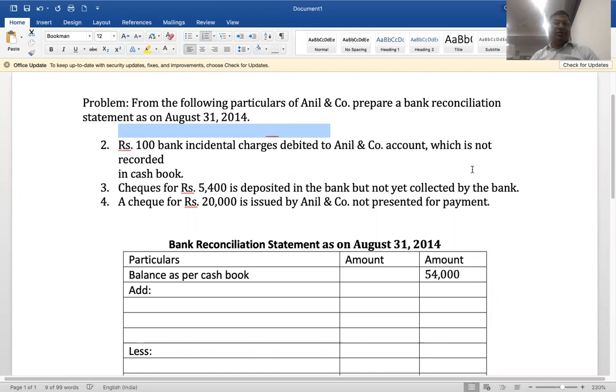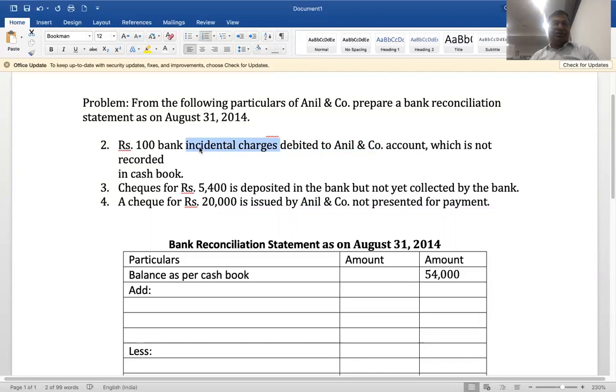Next, rupees 100 debited to Anil and Company by the bank. Rupees 100 are the incidental charges.